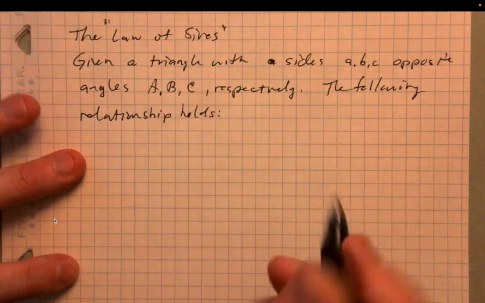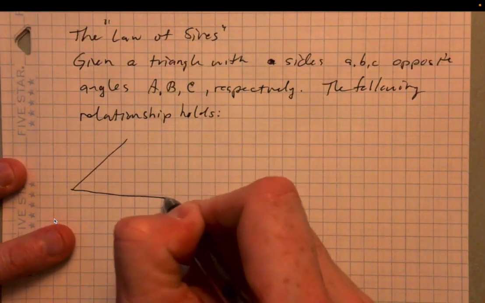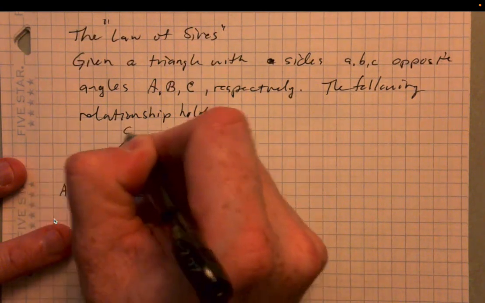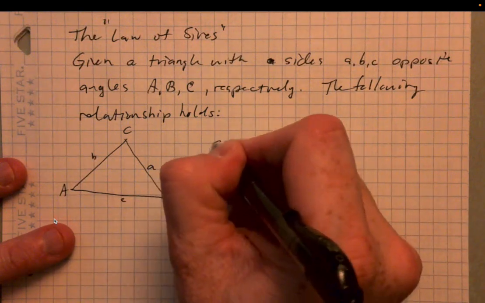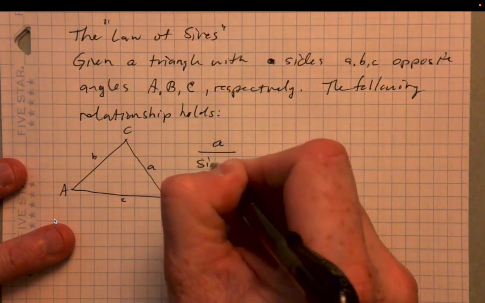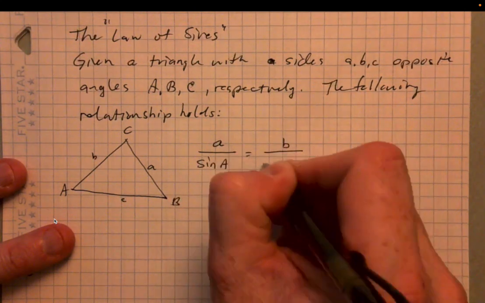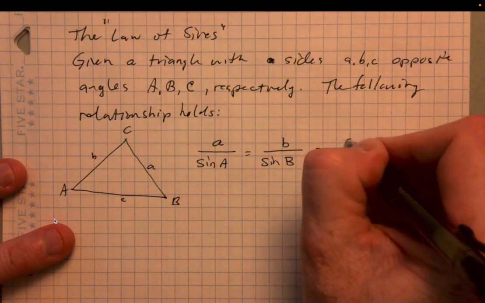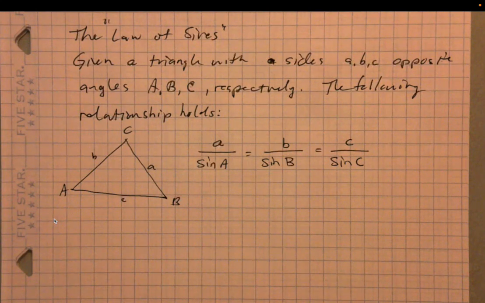Just to draw the triangle, just to be clear, you've got A, B, C. So what this law of sines says is that side a divided by sine of angle A is equal to side b divided by sine of angle B, which is in turn equal to side c divided by sine of angle C. So this is the relationship.